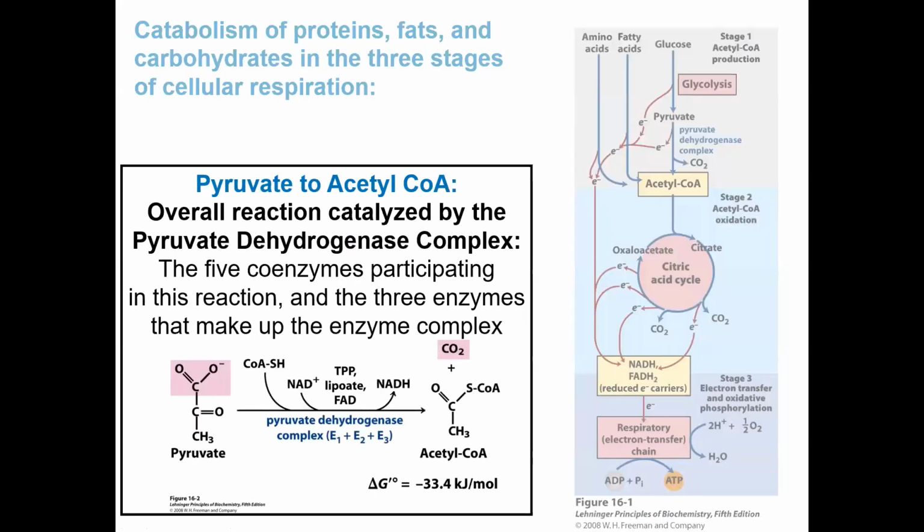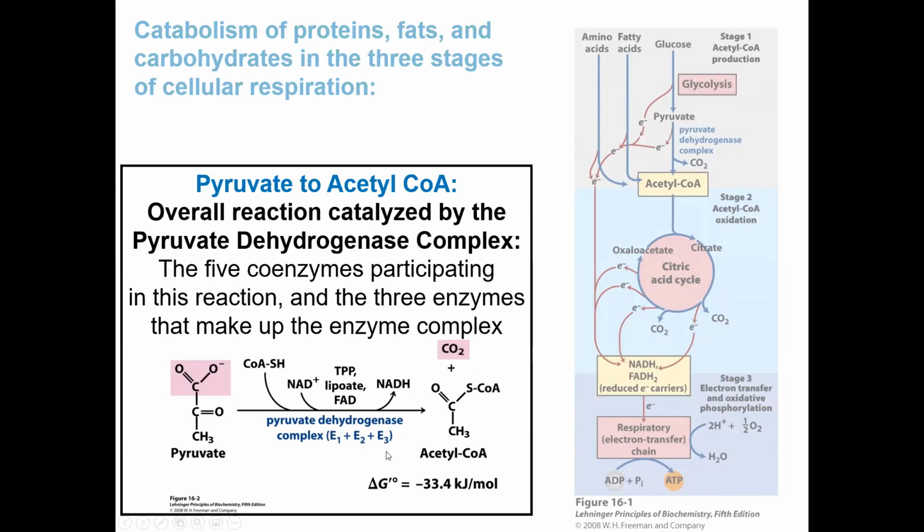And so conversion of pyruvate to acetyl coenzyme A happens with the help of this massive complex that we talked about in the last class, pyruvate dehydrogenase complex, that utilizes 5 coenzymes: coenzyme A, NAD+, thiamine pyrophosphate, TPP, lipoate, and FAD.